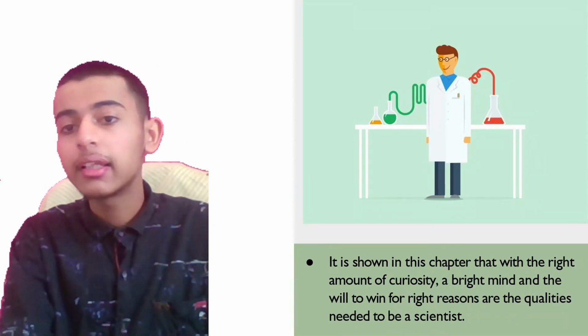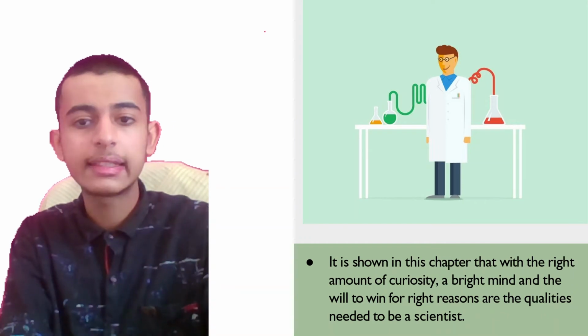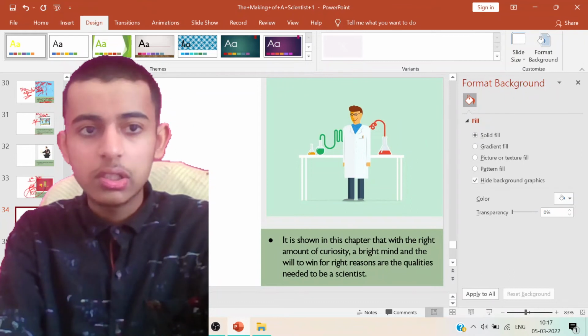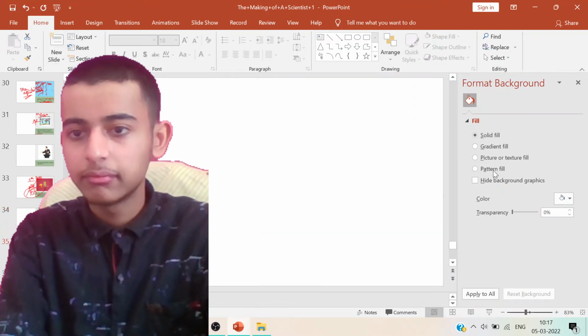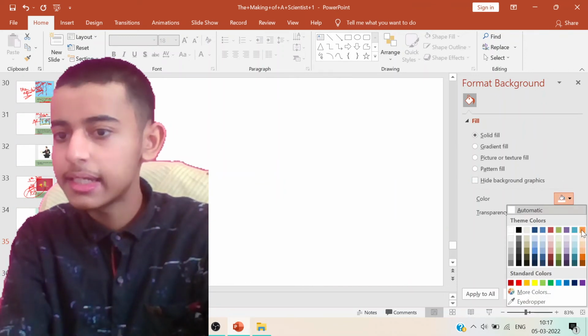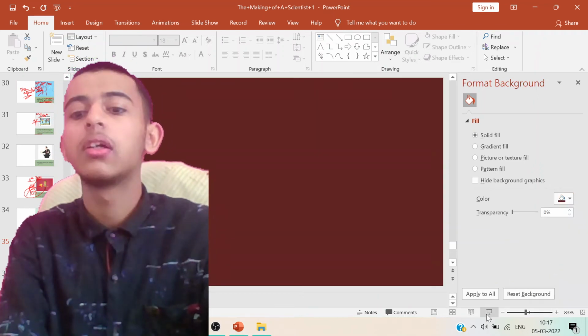Now a value-based question is asked. Let me write the question on a blank slide. Let me change it. Let's take a brown slide. Now understand which question is asked in boards.